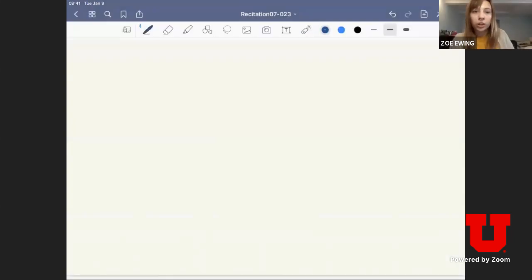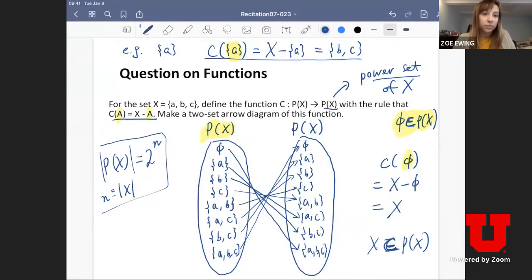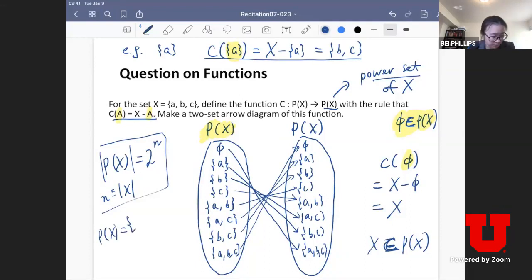There is one last minute question from the last problem. Can A have any value that isn't in X? A takes a value of an element in P of X. Remember, P of X is the power set of the set X, so it is a set of sets. It contains sets with 0 elements, 1 element, 2 elements, 3 elements, and so on.